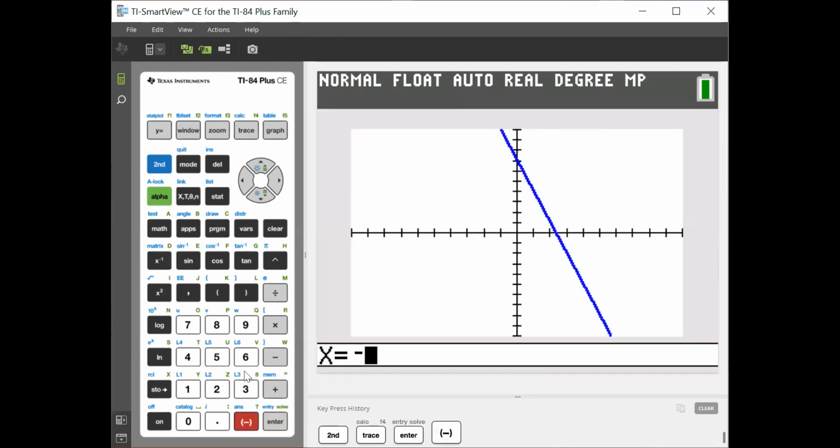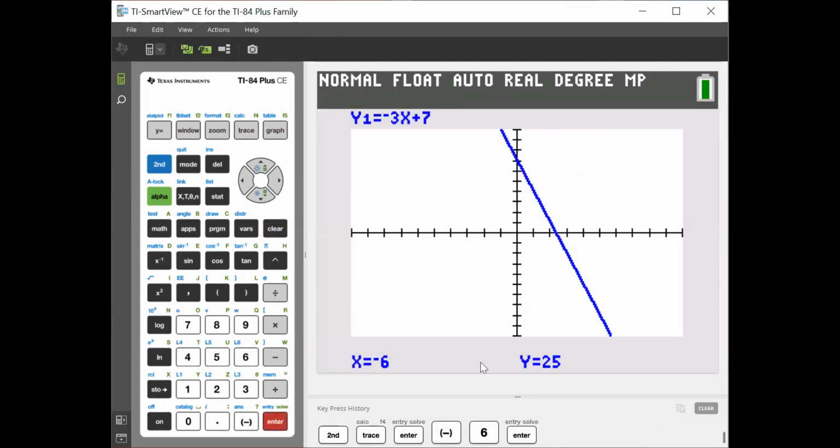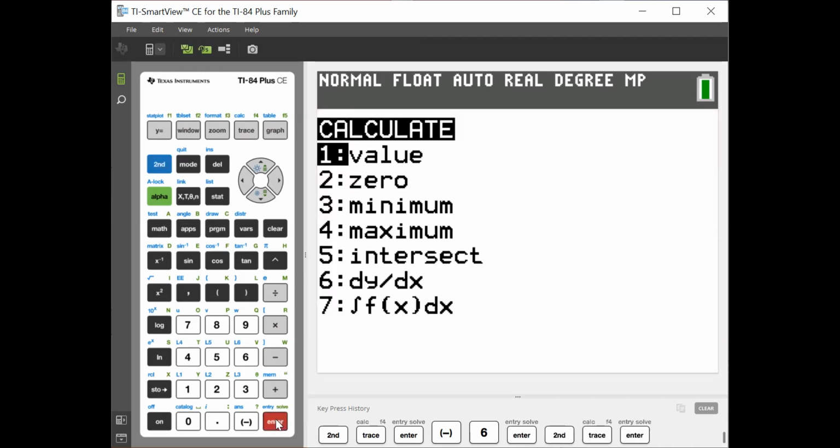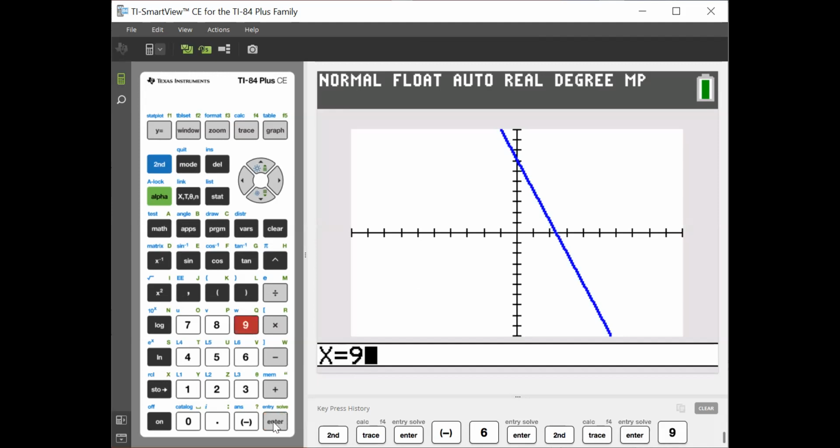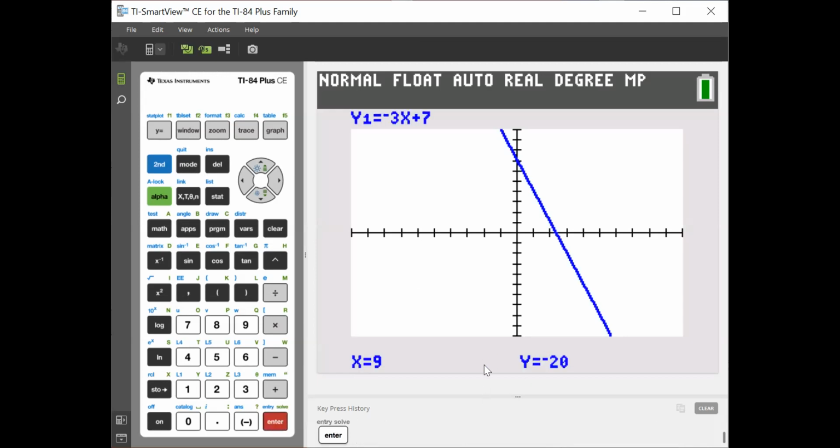Let's check when x is negative 6, what's its y value? It says 25, so it's really up here, but I can't see. So we've checked that it does go through (-6, 25), and let's check the other value as well. Hit value, and then when x equals 9, let's figure out what the y value is. So it is negative 20, so it does intersect at (9, -20) as well.